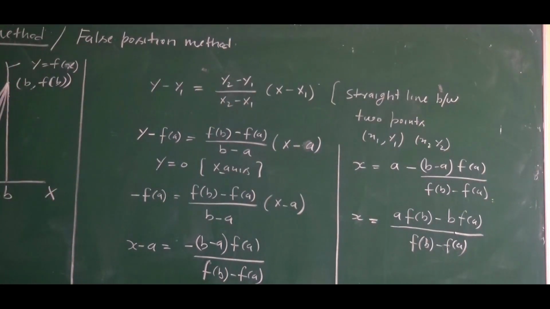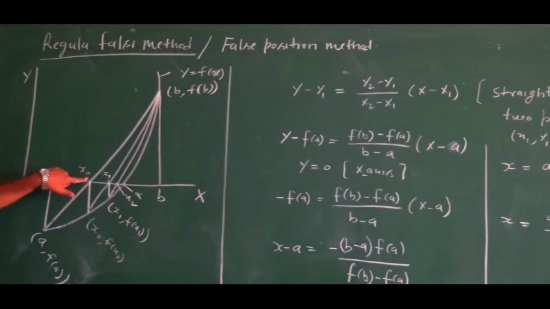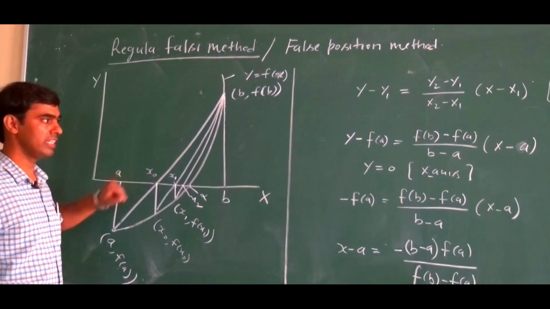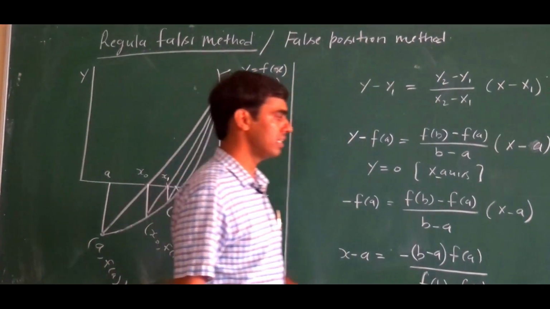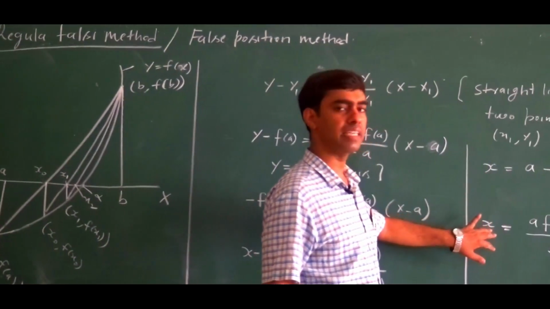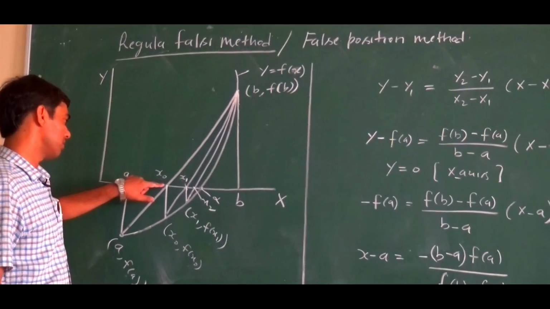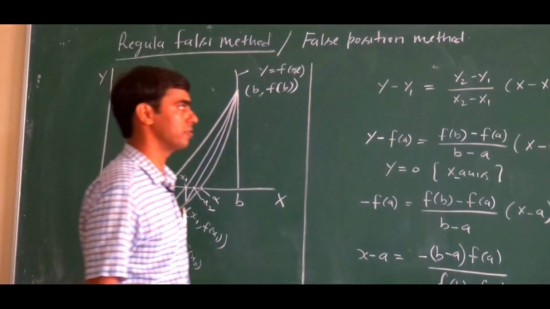Now here we denote x by the first approximate value, x0. So in place of x we write x0, because we assume the first approximate value is x0.